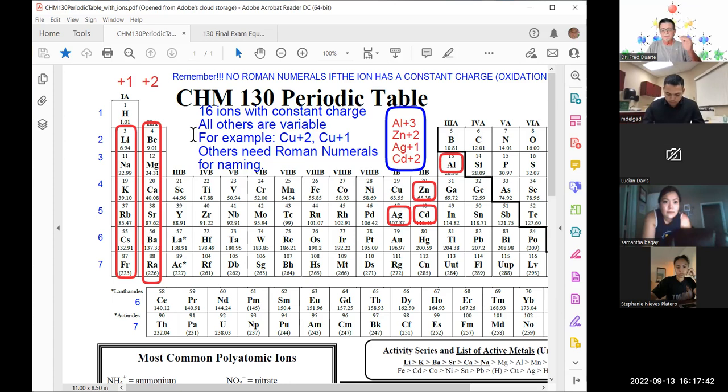So there are 7 rows, going across horizontally. They have specific names, and we'll talk about that at a later date. But these represent specific energy levels. Keep that in mind, okay? I'll be referring to the periodic table quite often.